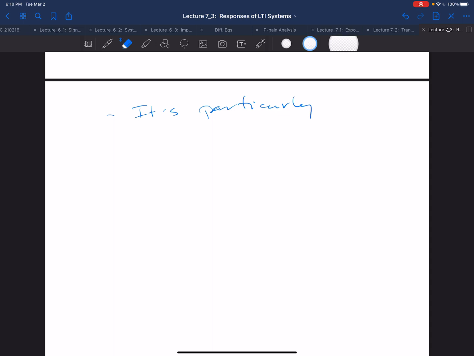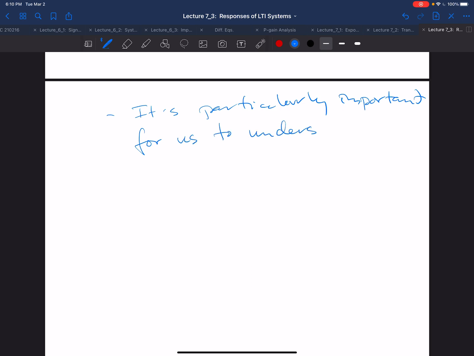Particularly important for us to understand the effects of the poles and zeros.